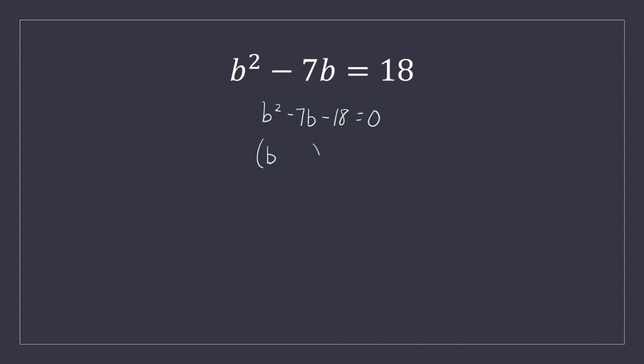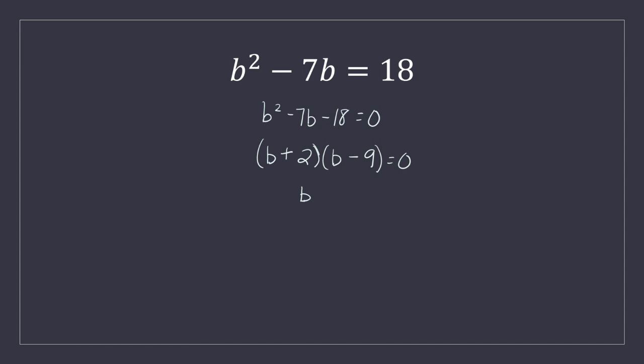Hopefully you came up with 9 and 2 for that, because 9 times 2 is 18, and 9 minus 2, of course, is 7. But the question becomes, how do we get the signs to work to make negative 7? So we know we're subtracting, so either it's going to be positive 2 minus 9, or it's going to be positive 9 minus 2. Well, to get a negative 7, I need to take a positive 2 minus 9.